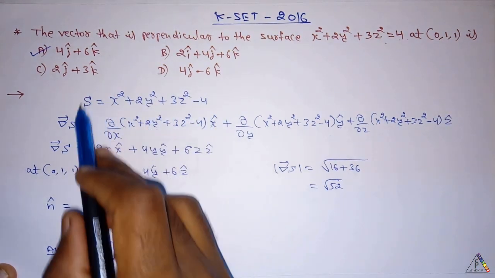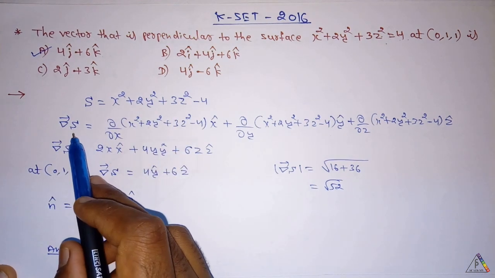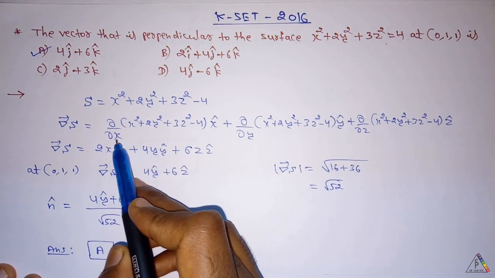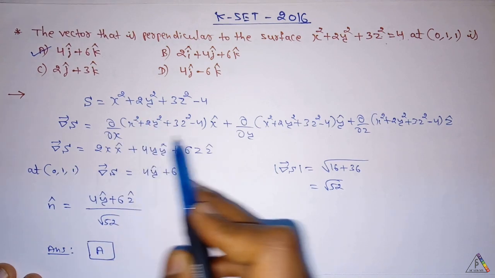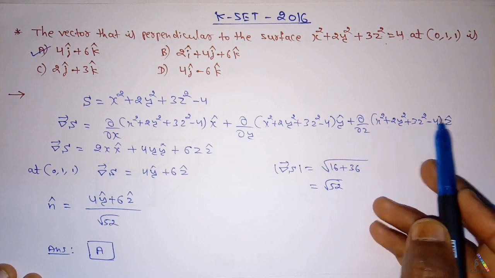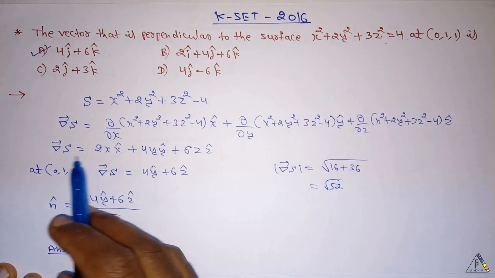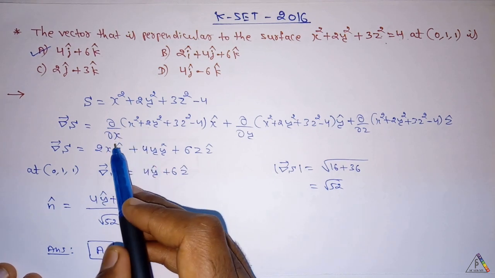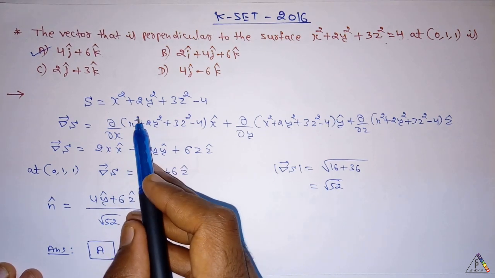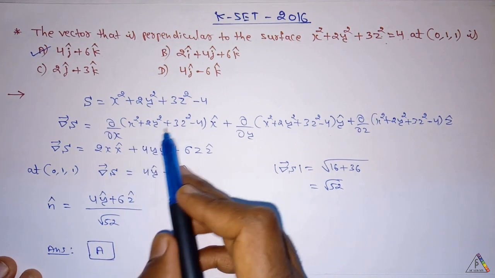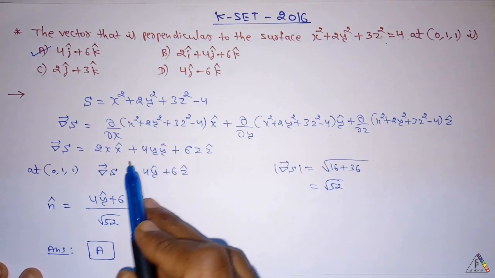So I'm considering the scalar field and I'm applying the gradient operation, dou s by dou x into x cap, dou s by dou y into y cap, dou s by dou z into z cap. The gradient is, if I differentiate partially with respect to x, the differentiation of this x square is 2x into x cap, and all other terms will vanish out.